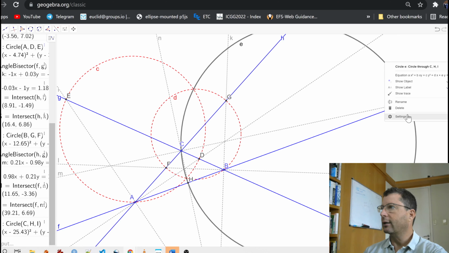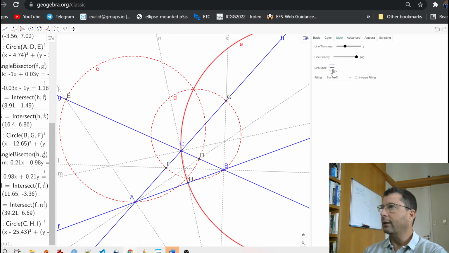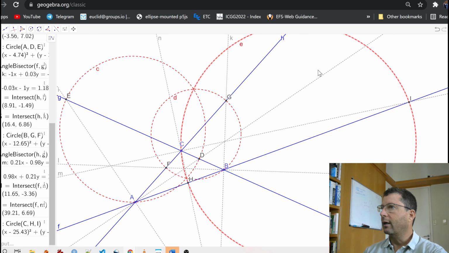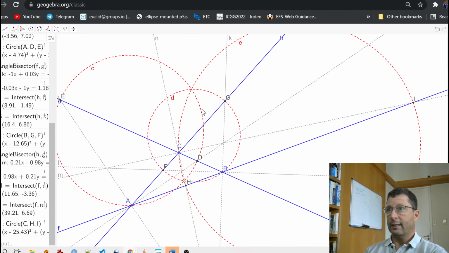Let's go ahead and change that color to red again. And now I have the 3 Apollonius circles, and I can check if they indeed intersect at 2 common points, meaning that they're on the same, I don't know if this is called an elliptic or hyperbolic pencil, but they intersect in 2 common points.